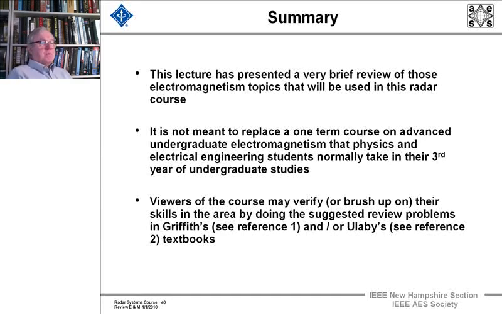For the course, there's a book by Griffiths, which is a very good book, and it's in the references. It has probably 50 to 75% of the market share in physics. And also the book by Ulaby, which is for the electrical engineers. Most of them take 50 to 75% of the market share.